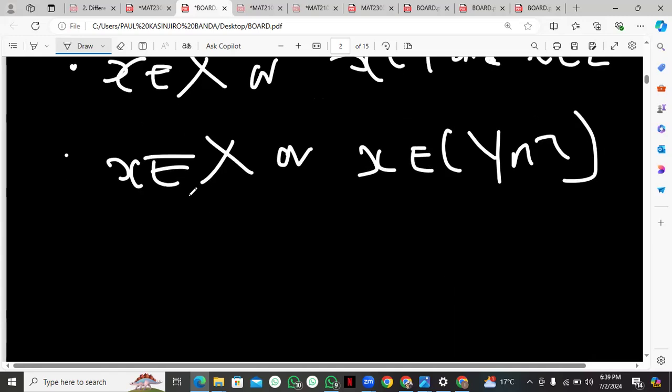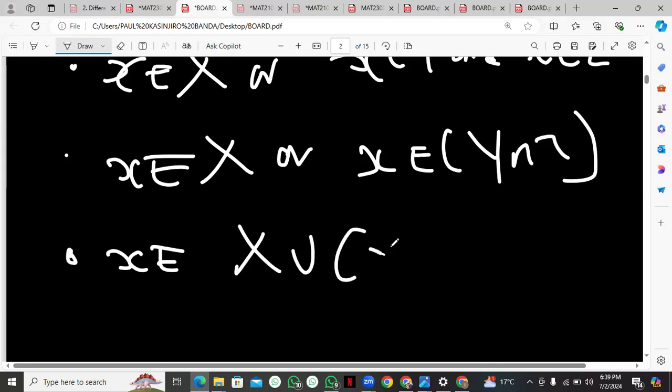And then X is a member of this set X, or X is a member of this. So meaning we can put the union there, okay? So it actually means that X will just be a member of this set X union Y intersection Z.